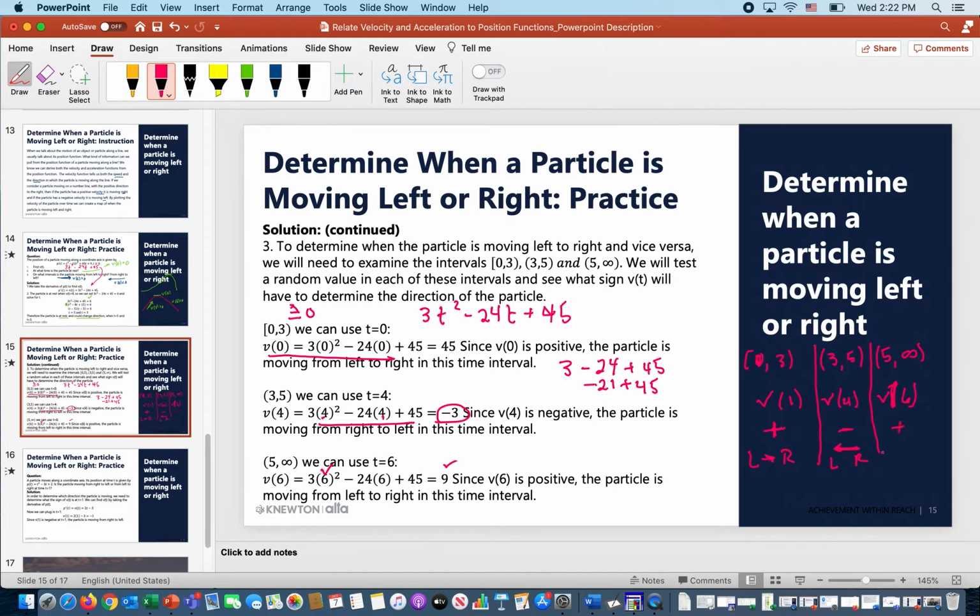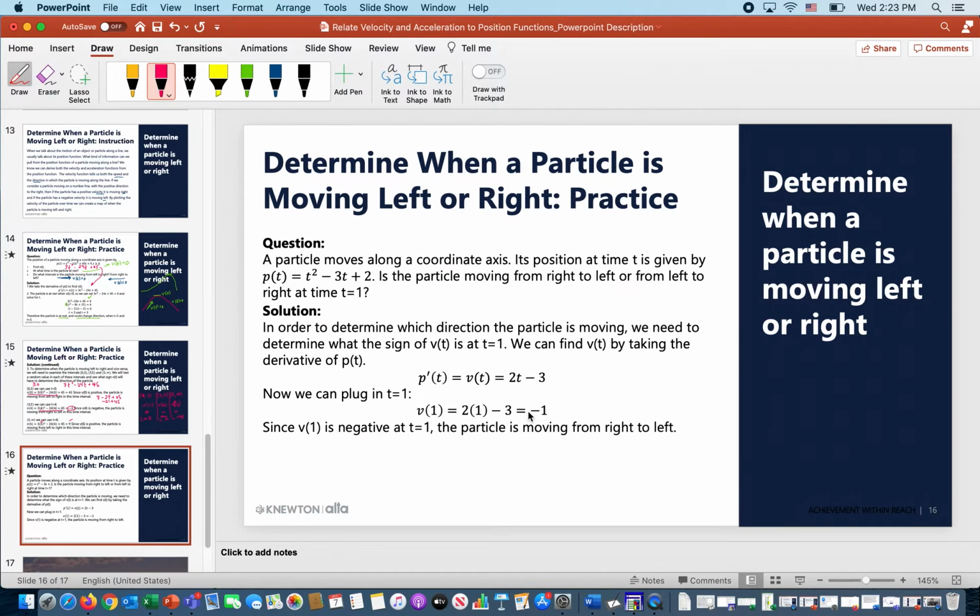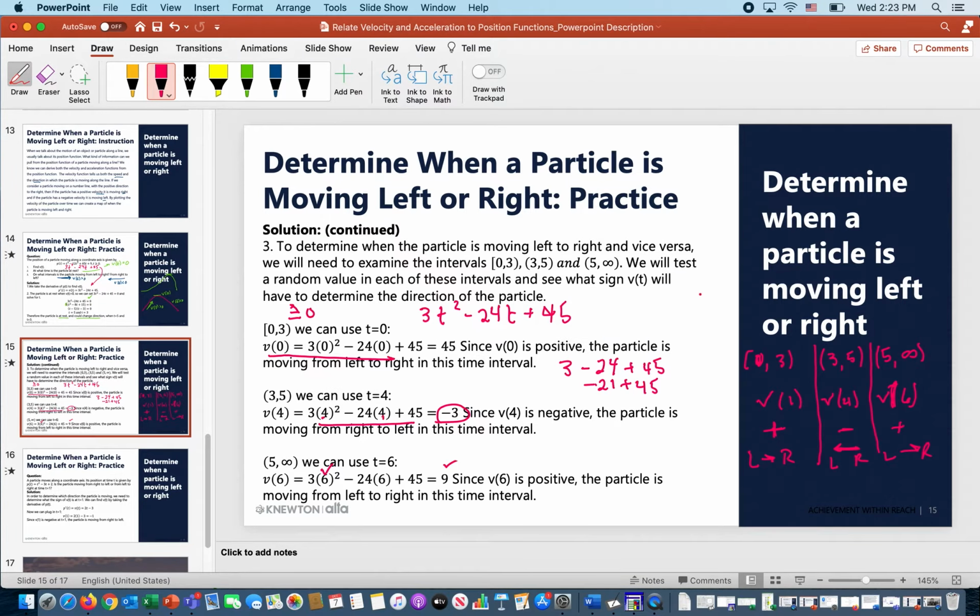So again, there's another situation where the object is moving from left to right. Okay, so we can answer the question in this manner. The object is going to move from left to right on these intervals, 0 to 3 union 5 to infinity, and then it'll move right to left on 3, 5.